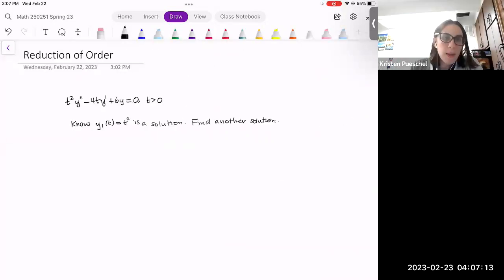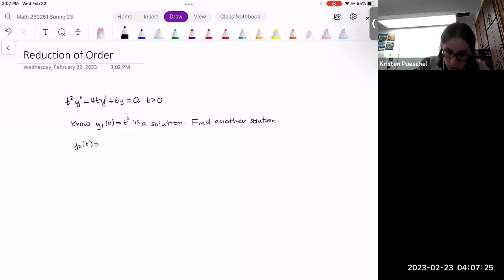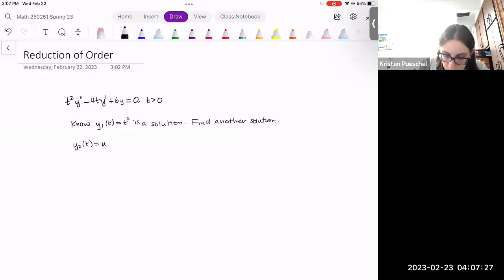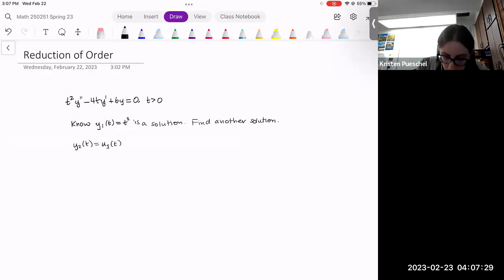So we are going to solve this. We know one solution, and we're going to try and build another one. Our strategy is to guess that our solution is just a multiple away from the original.